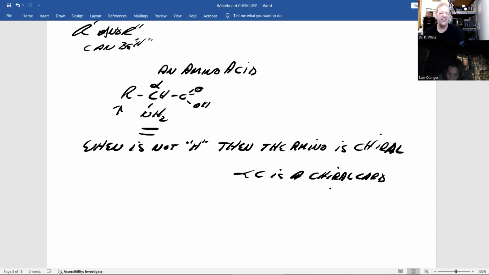And you learned that in stereochemistry for sugars or carbohydrates. Other molecules besides that can be chiral.